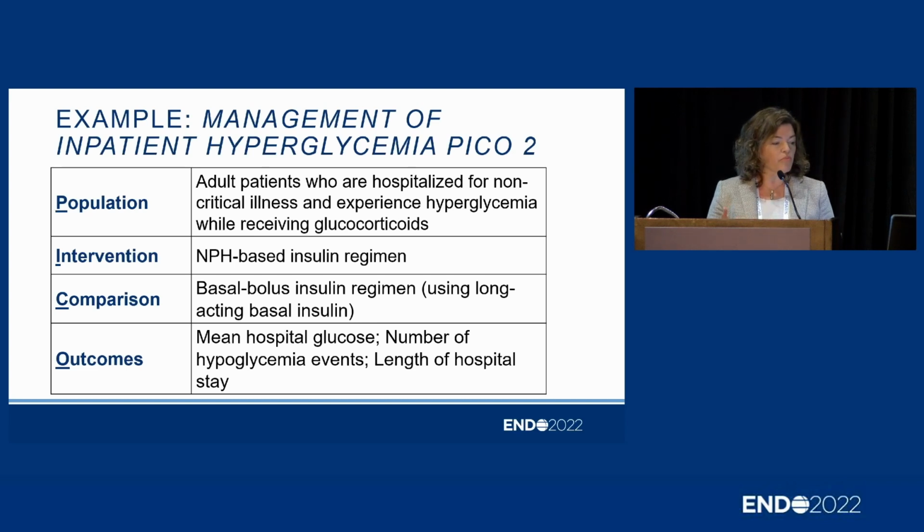The comparison was a basal bolus insulin regimen using a long-acting insulin, for example, glargine. Outcomes that the guideline panel chose included mean hospital glucose, number of hypoglycemia events, and length of hospital stay. Now, there were other outcomes that were uncovered along the way, but these were prioritized for the systematic review.